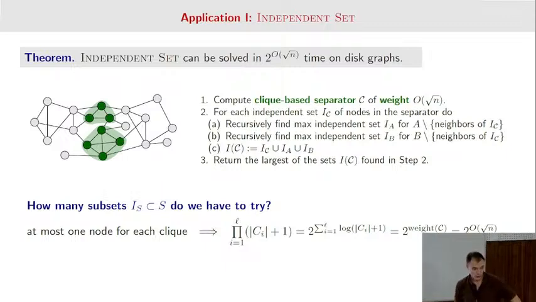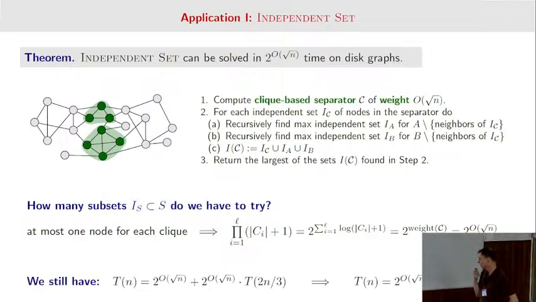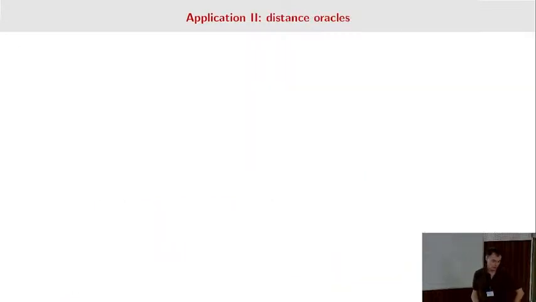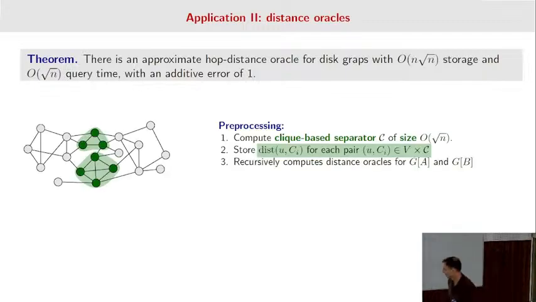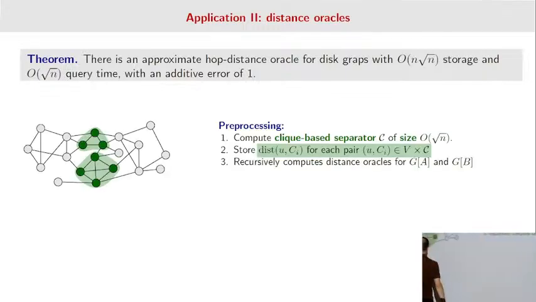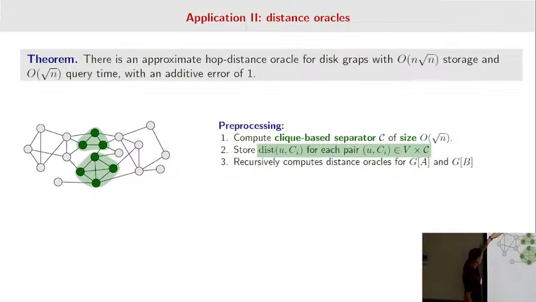So that's nice, this works very nicely. Distance oracles are also exactly the same, except that you get an additive error of 1. Because what I do is compute for each node the distance to each of the cliques, not the distance to each node in each clique, but the distance to each clique.